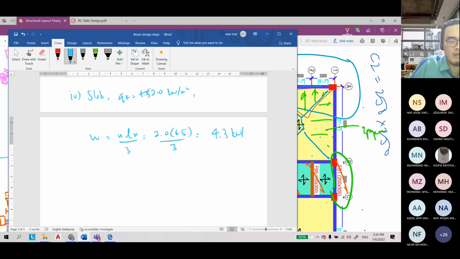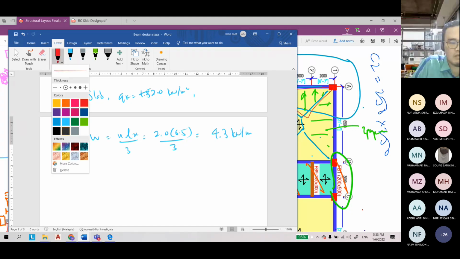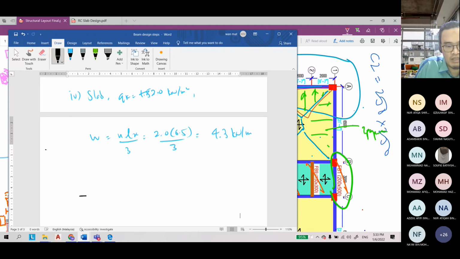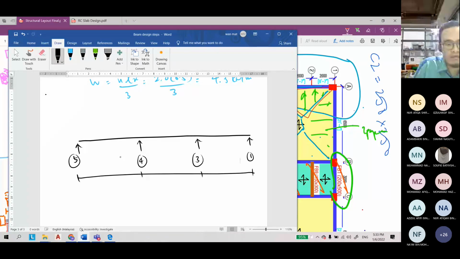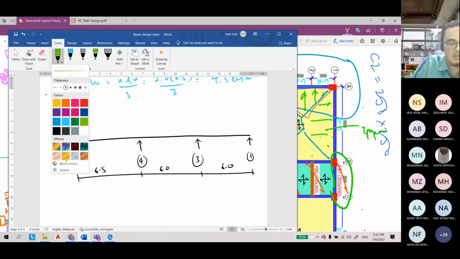So your free body diagram should be like this one. This is your new complete one with loading here. I simplified. This is number 5, 4, 3 and 1. This is your latest free body diagram, with spans 6.5 and 6.0.